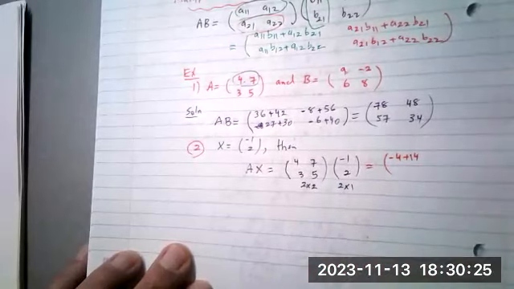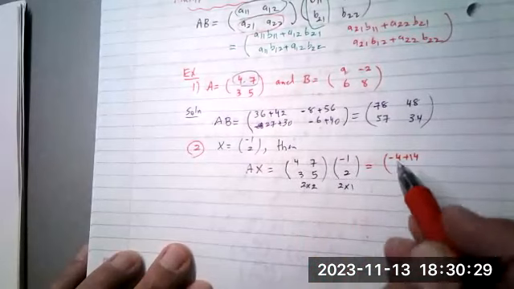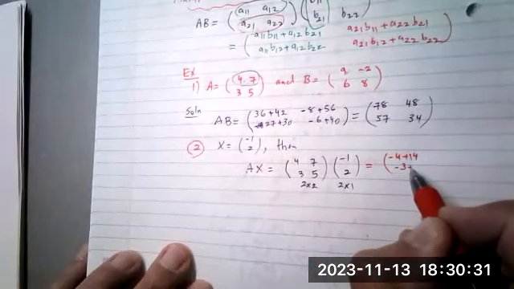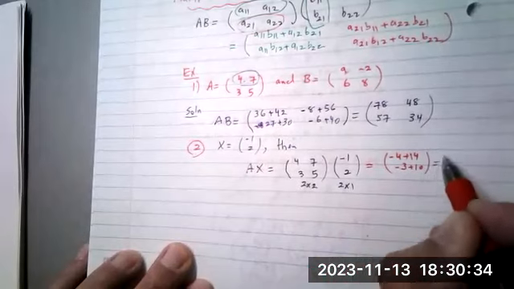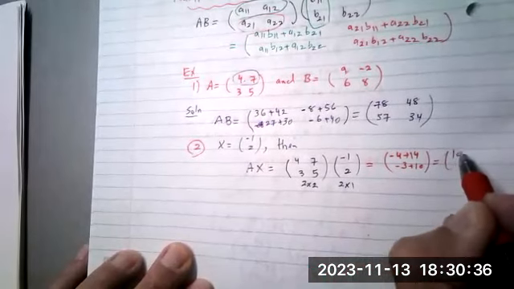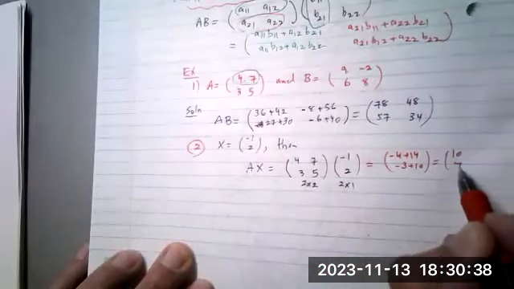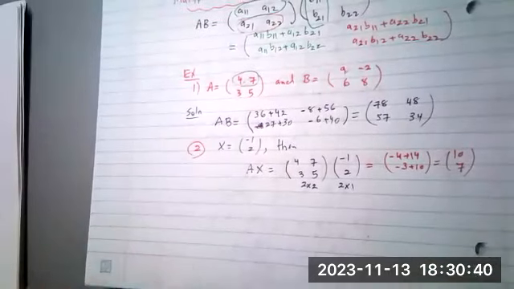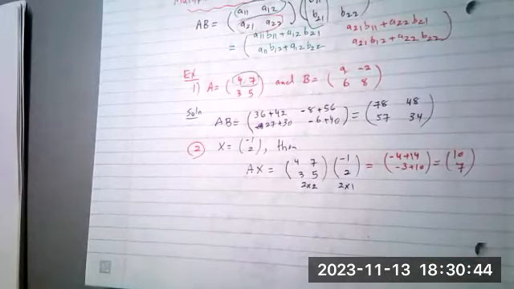You're done. The second one, 3, 5 times -1, 2, is -3 plus 10. So the top would be 10 and the bottom one would be 7. This is the way you multiply a column vector by a matrix. And you need this when you go to solving the equation.